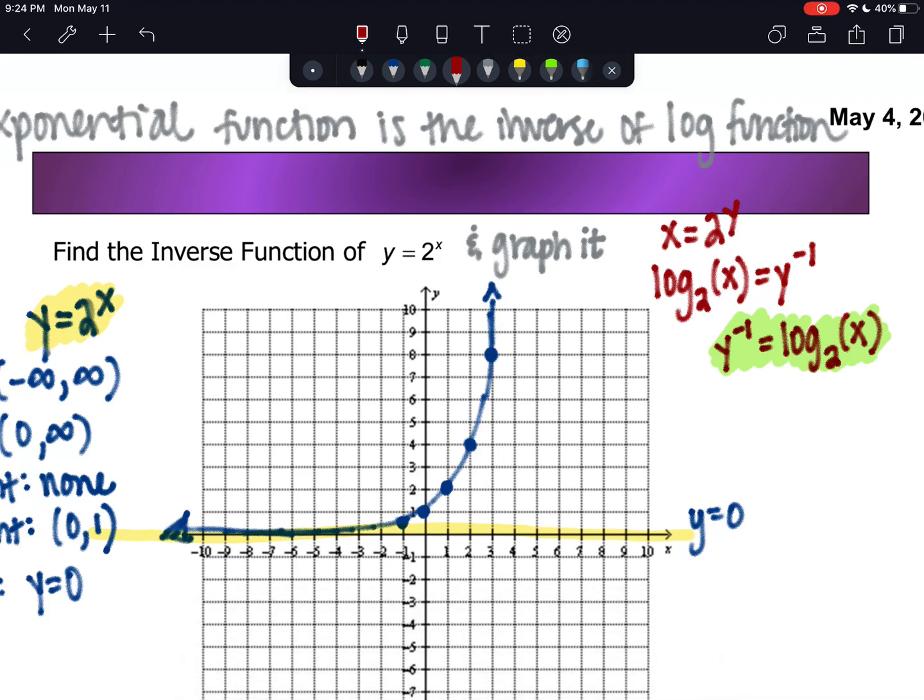Now the inverse, remember, reverses your ordered pairs.